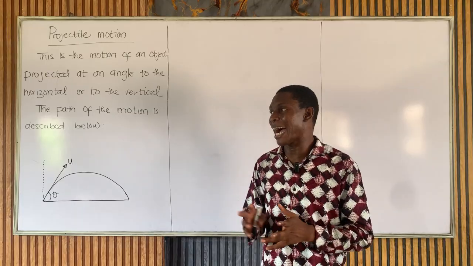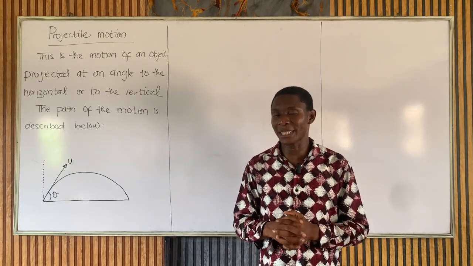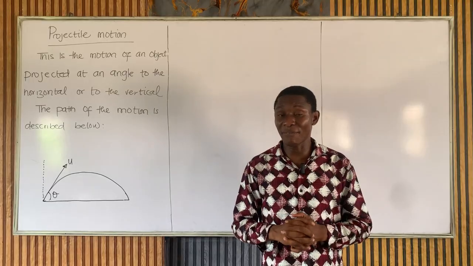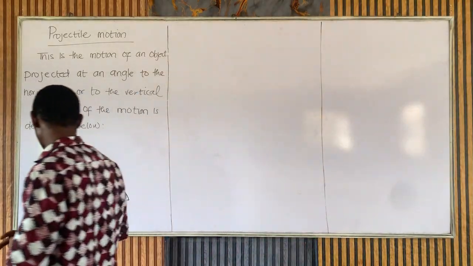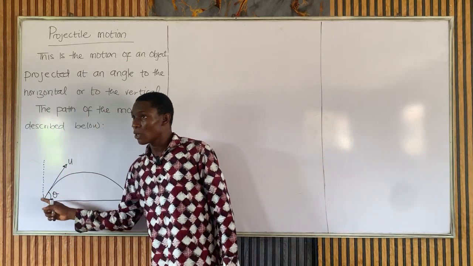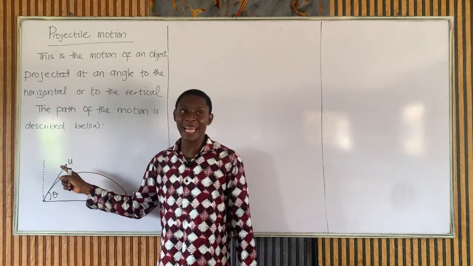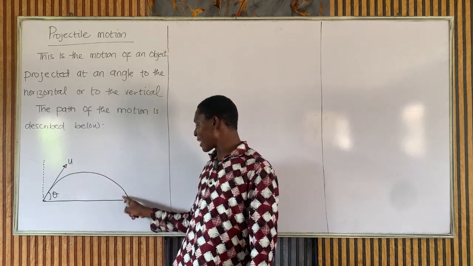For the sake of time, I would derive how we got the equations for the motion of a projectile. Let me take very few of them. First and foremost, this is the velocity of a projectile, and it is tangential to the path of motion.